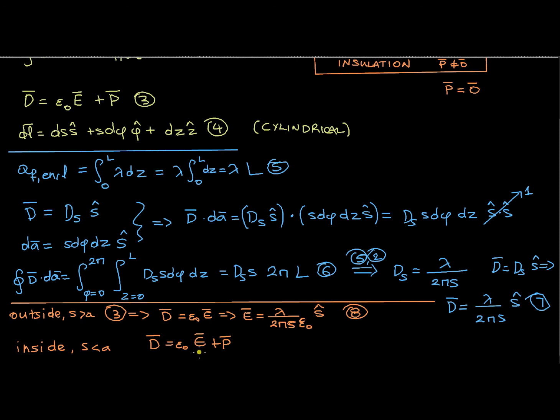If you measure the electric field inside the insulation, you're measuring E. Given that we have the electric displacement from equation 7, somehow we need to know the polarization P. Unless you have a way of finding out the polarization vector, there is nothing else you can do at this point. You found the electric displacement, and if you don't have any more information about polarization, you're done. You stop here. But outside the insulation, you have the ability of finding E.